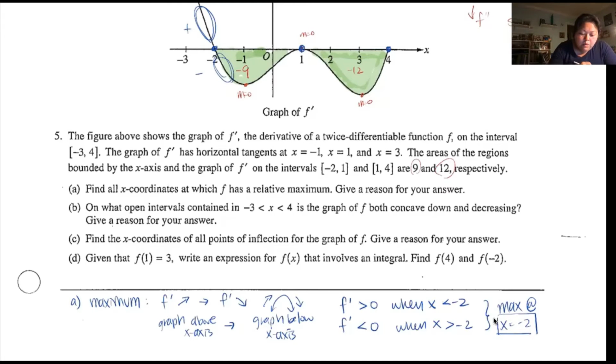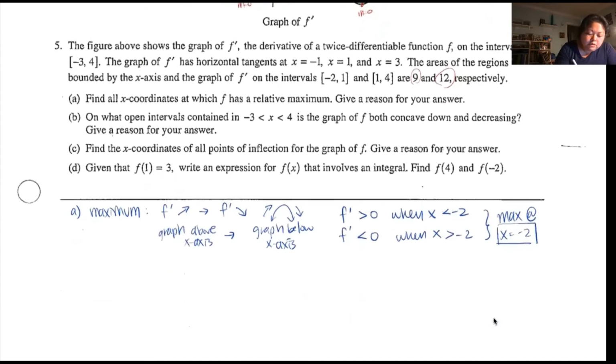All right. Part B: on what open interval contained in -3 to 4 is the graph of f both concave down and decreasing? Give a reason for your answer. By the way, I'm going to erase what I had here so I don't confuse myself. Let's ask ourselves, what does it mean to be concave down? Concave down means that f double prime is negative.